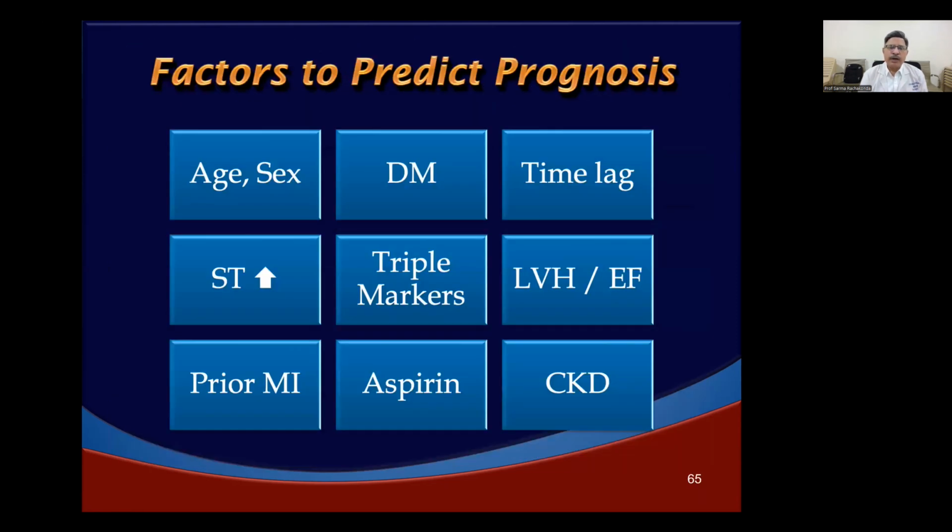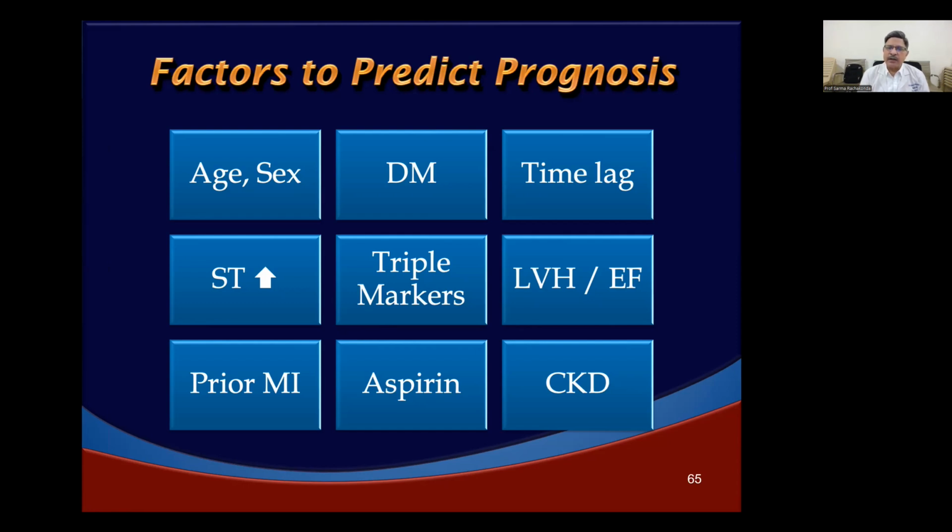Now, immediately patients will ask, the patient's attendant, the patient himself will ask, what is my prognosis? Doctor, you said I have a heart attack. Do you think I will survive? What is the prognosis? How to predict it? Age, gender, diabetes, time lag for presentation, ST segment deviations, triple markers, LVH, ejection fraction, prior MI, whether aspirin taken or not, and whether he is CKD or not.